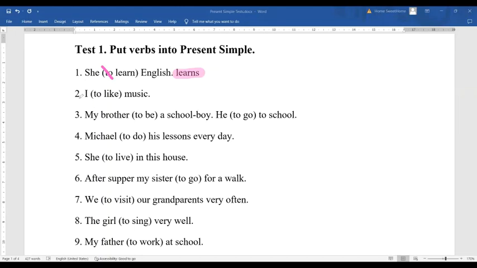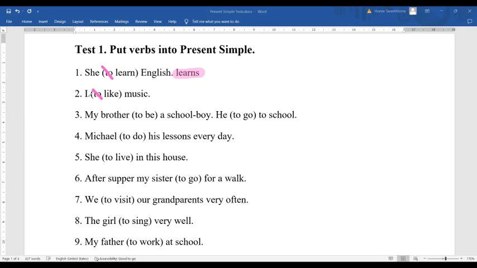Let's look at number 2. I like music. What happens here? 1 minute for you. Or you can pause, take your time, check yourself, challenge yourself. Well, same thing happens. First, we remove to. Take like out of the brackets.